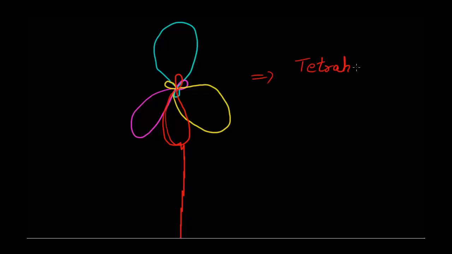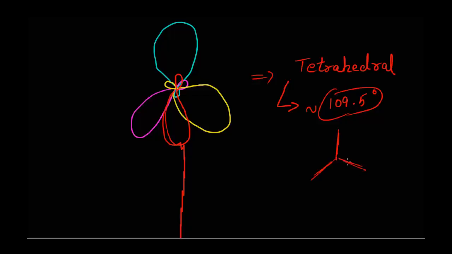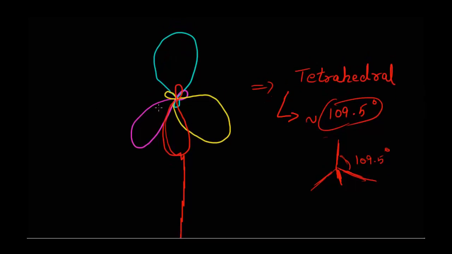We know about this geometry. We have learnt about this in VSEPR theory. Tetrahedral geometry is a geometry where all the bond angles are approximately 109.5 degrees. It looks something like this, where these are all in 3D space. Whenever these hybrid orbitals arrange themselves in space, they want maximum angle because they'll face the least repulsion.